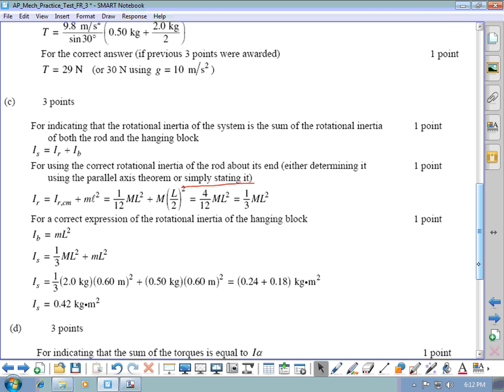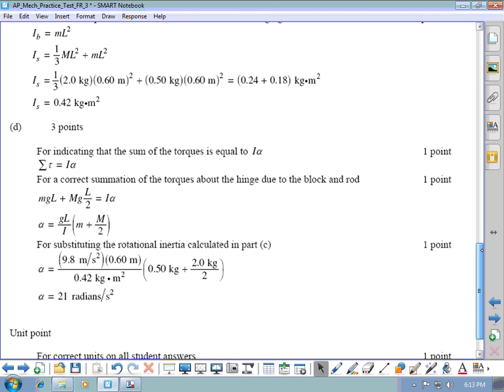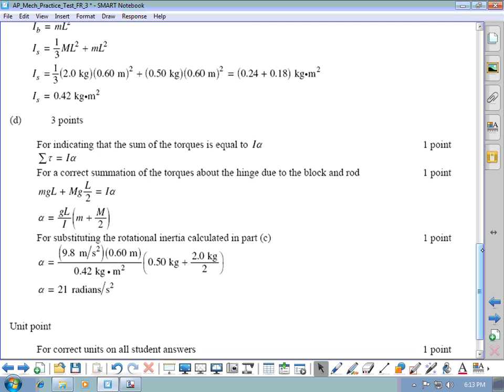And then you plug in the numbers and calculate your final answer. But you could have gotten the full 3 points even if you didn't finish your calculation, if you showed each of those things. You wanted that final answer, though, to be able to answer part D.